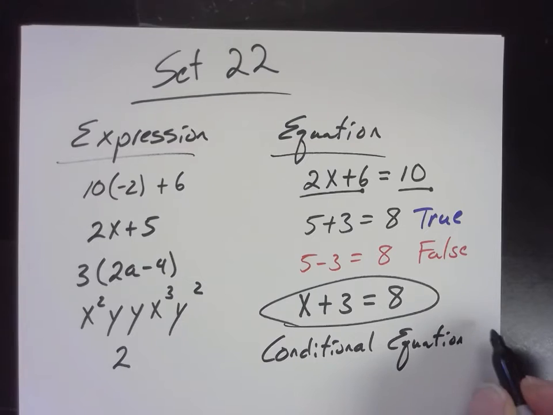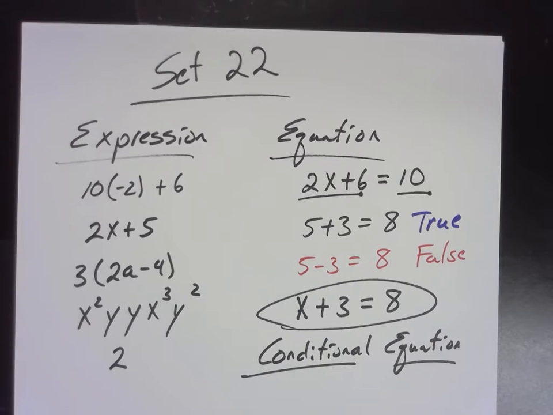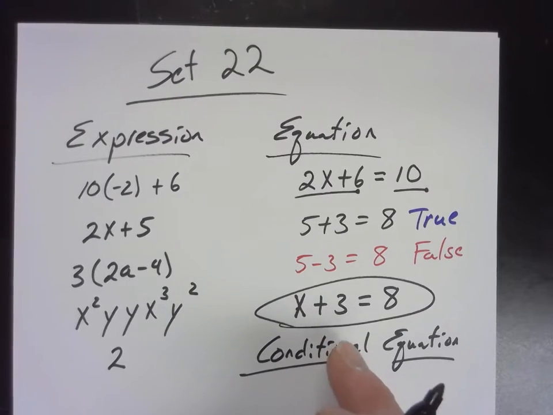It's a conditional equation because it's true or false based on the condition of x. Depends on x, right? If x is a 5, isn't it true? What if x is any other number? Not true. Okay. So true equations, false equations, conditional equations. That's what we're going to start looking at.